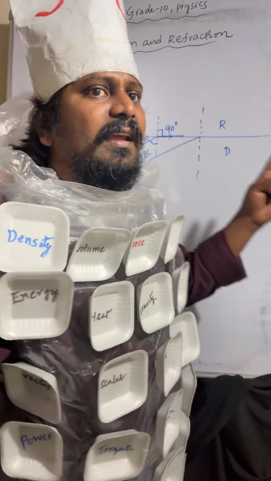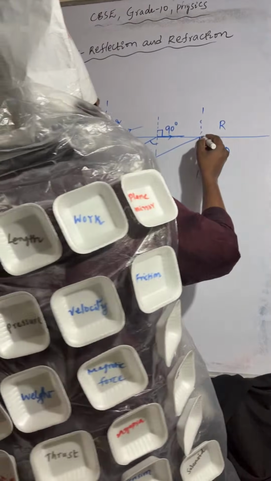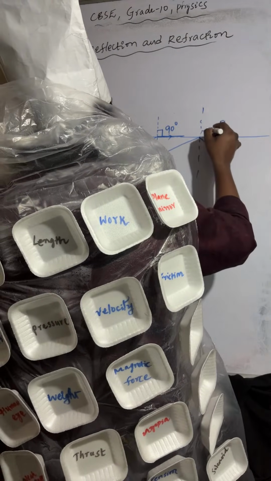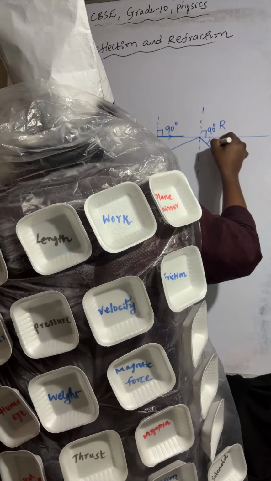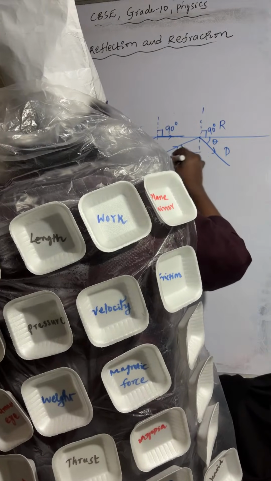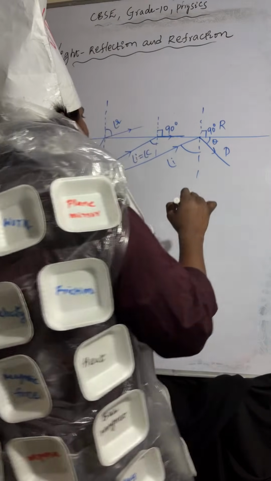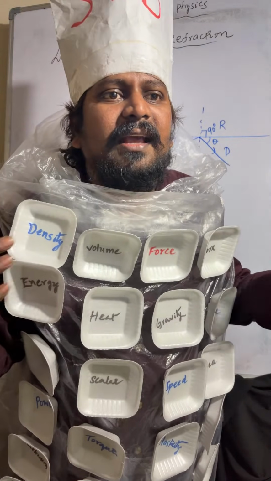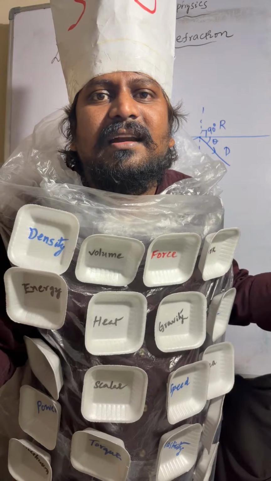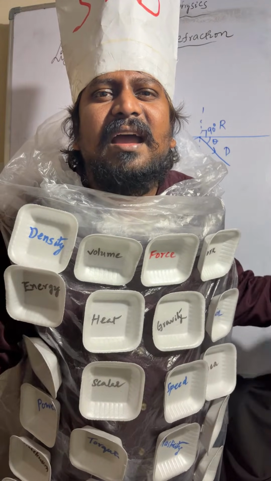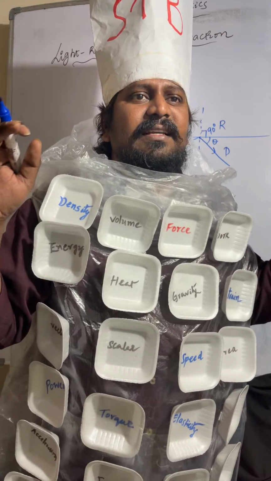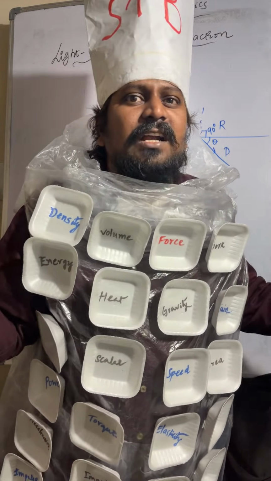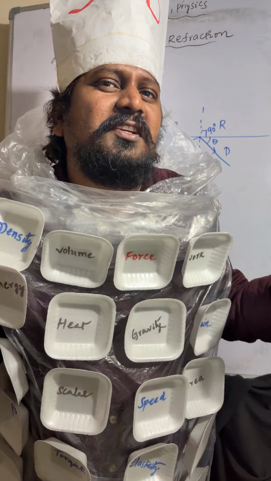So you have to understand here, this is 90 plus theta. At a certain angle of incidence, if the refracted ray makes more than 90 degrees to the normal line, then it will be reflected back into the same medium. This phenomenon is called total internal reflection.